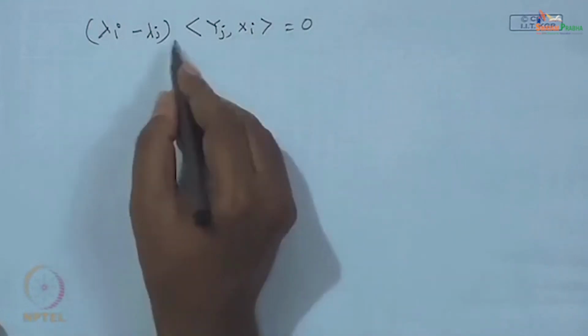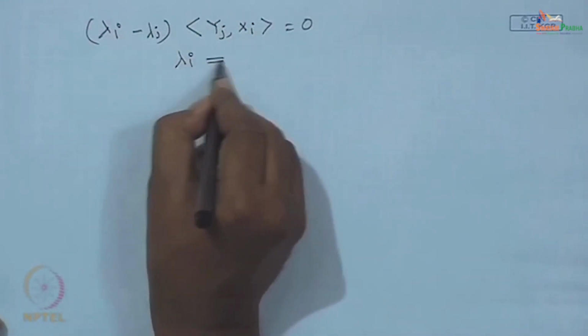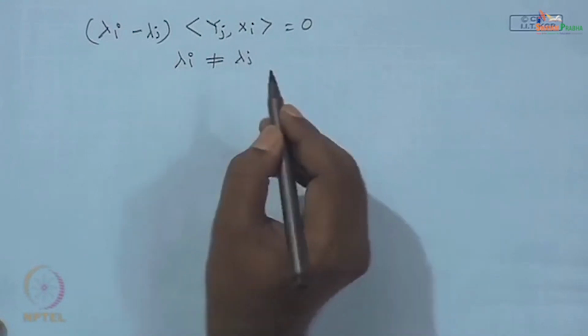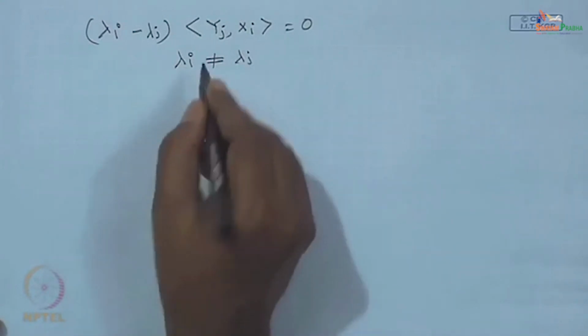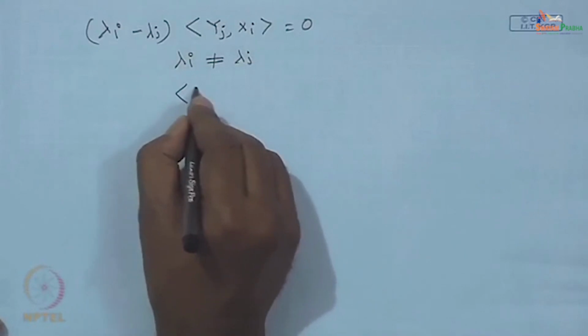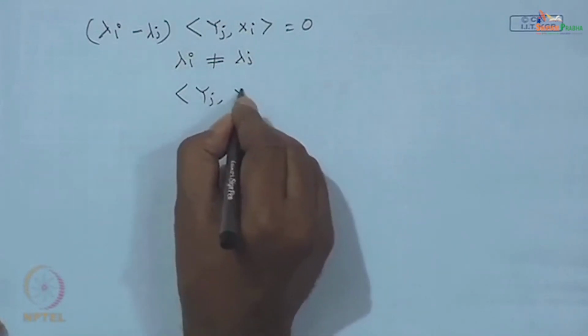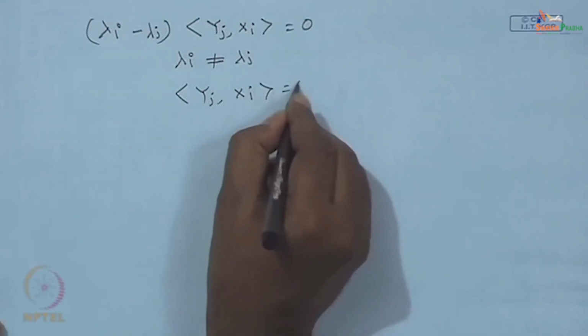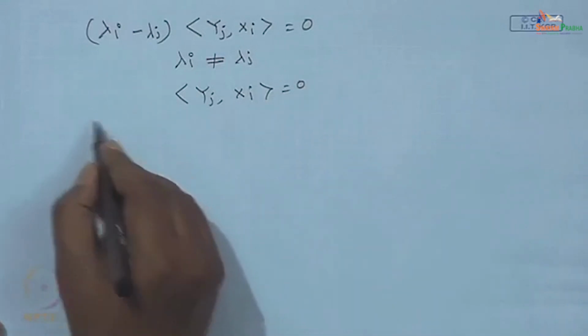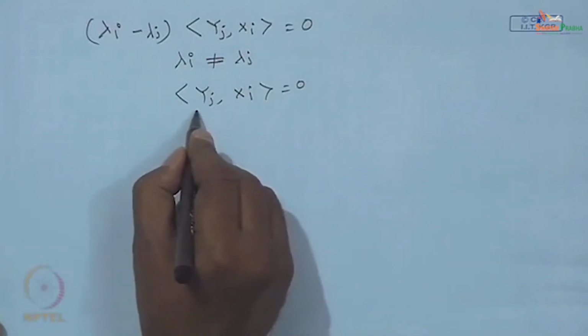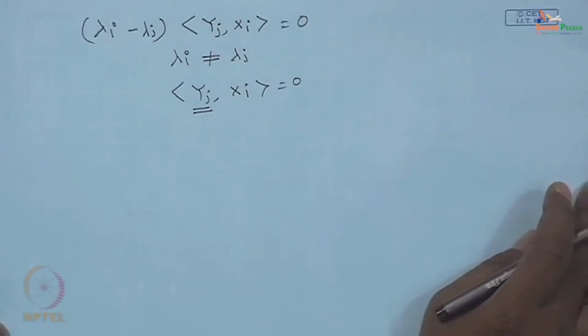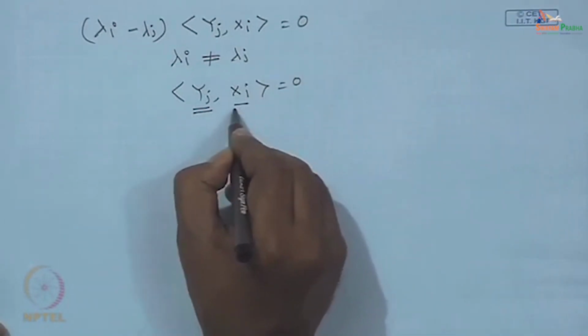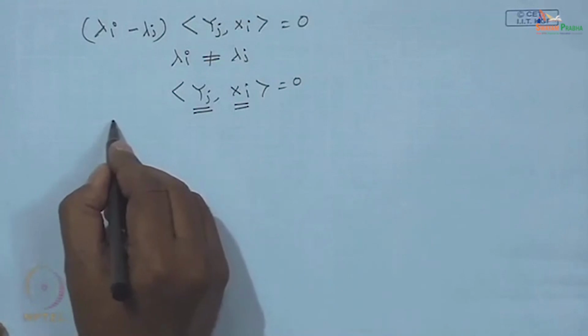Now, this lambda I is not equal to lambda j. Therefore, to satisfy this equation, the only option we have is that the inner product of y j and x I is equal to 0. That means the eigenvectors of A transpose and the eigenvectors of A are orthogonal to each other.